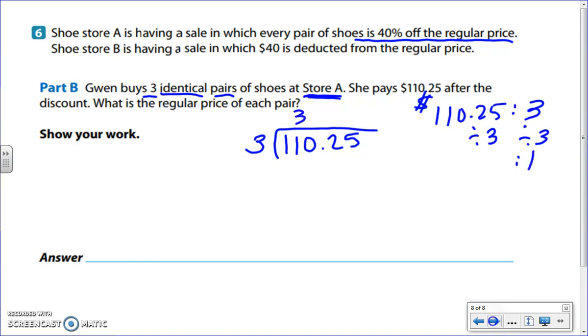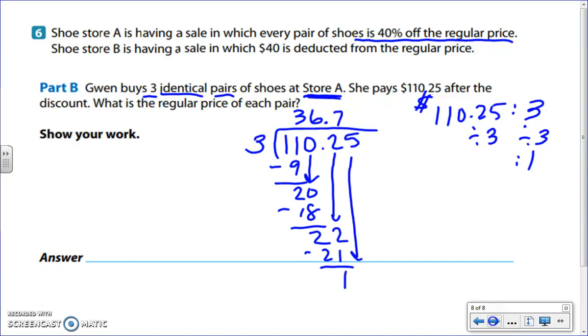And so when I do that, it looks to me like I get $36.75. That's how much one pair costs after the discount.